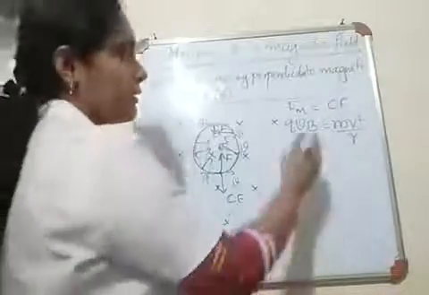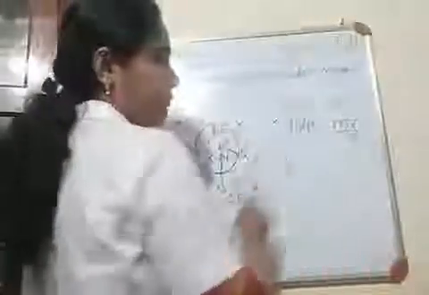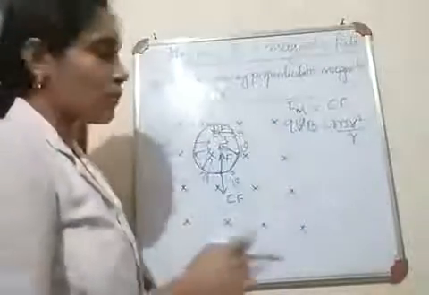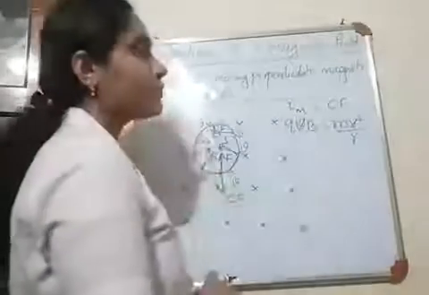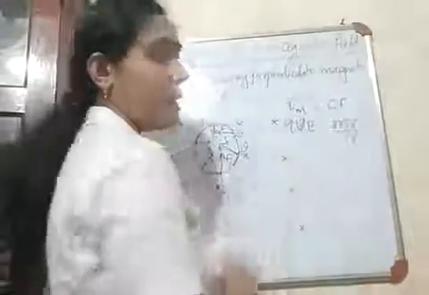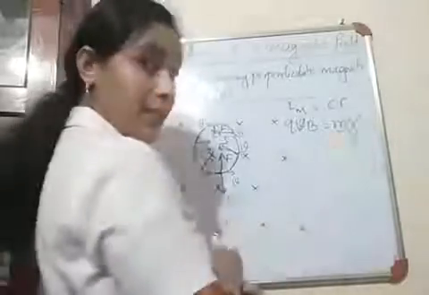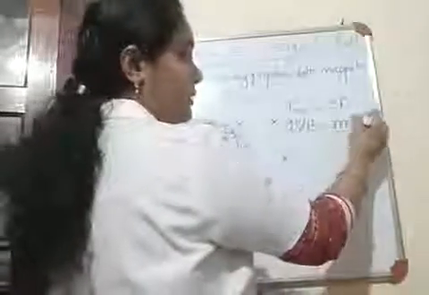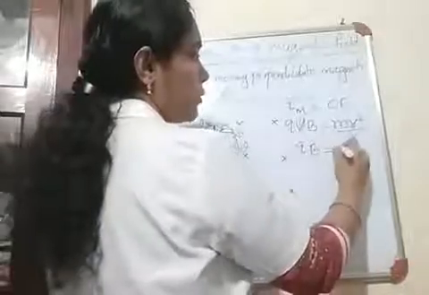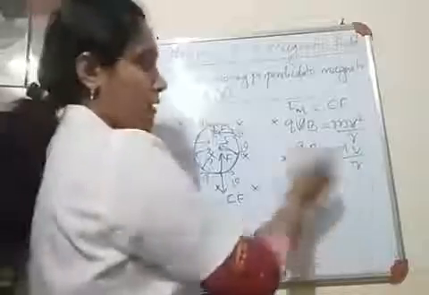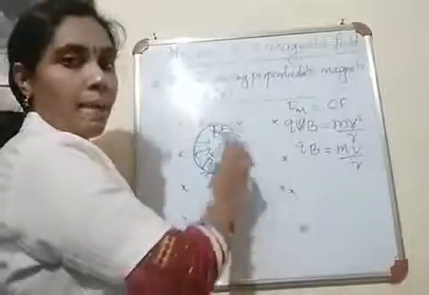Here V and V are like terms, so it will cancel. Then we have QB is equal to mv by r, because here we have v square, so there will be one v. So we have QB equal to mv by r, where r is the radius of the circular path.